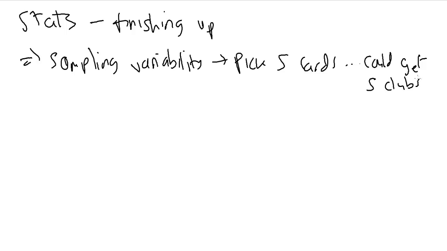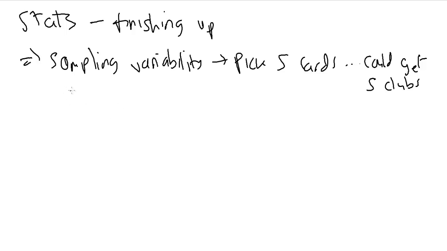So knowing that there's this random element, if I pick a sample, I'm using a sample since that's more convenient, but I want to actually know about the entire population.